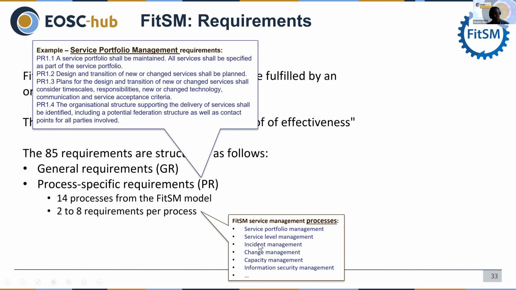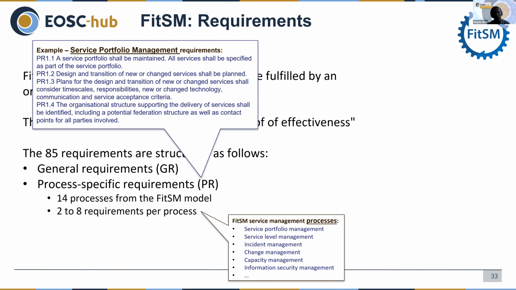And just to give you 2 examples, 2 of the processes that are most likely to be needed by any provider. One is the service portfolio management, which has 4 requirements in FITSM. One is that you as a service provider should have a service portfolio. Whether it's a text file, a database, an Excel spreadsheet, or a Word document, doesn't matter. It can be even a piece of paper, but it should be a service portfolio that you manage, where your services are described and you are aware of what service is in your portfolio, what isn't.